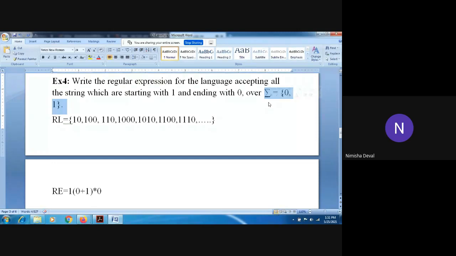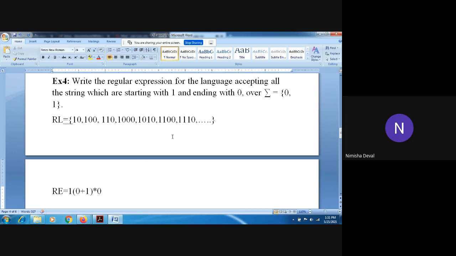If they have mentioned a third value, that is 0, 1 and 2, then here plus 2 is there. It means 3 total input values are there, and with the help of these 3 values, all remaining strings get generated. So according to that, your expression will change.